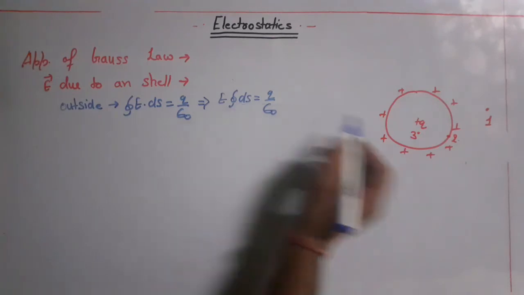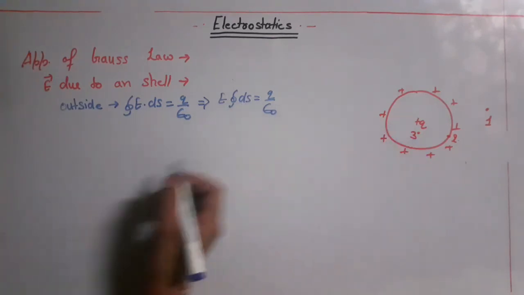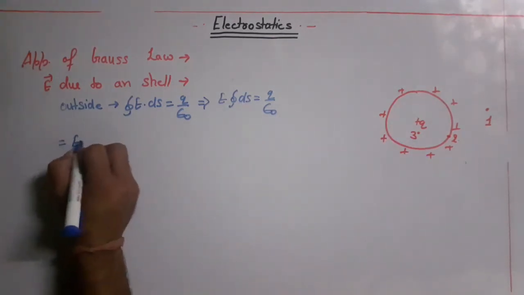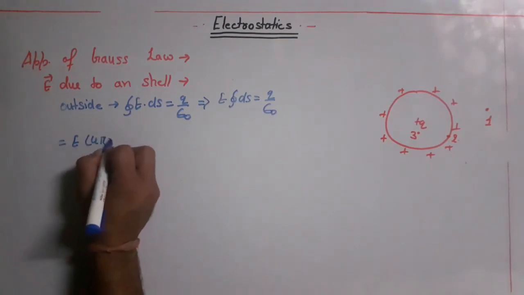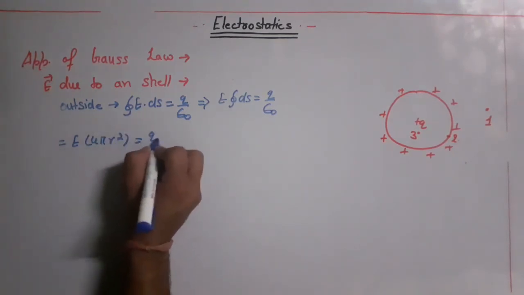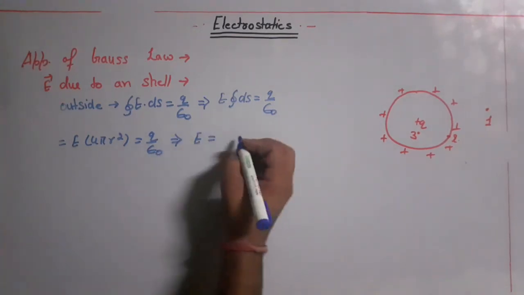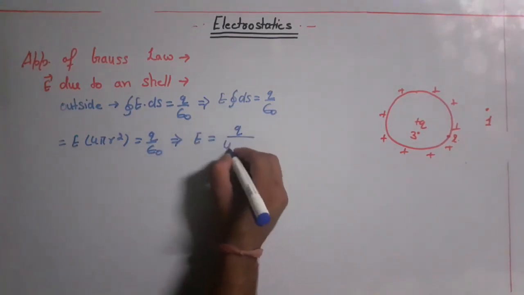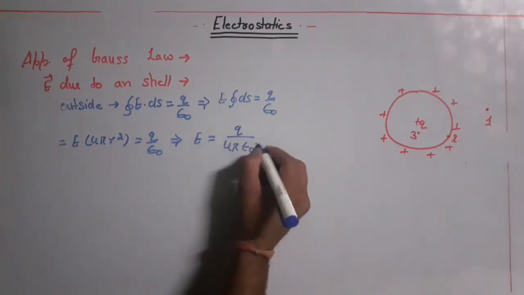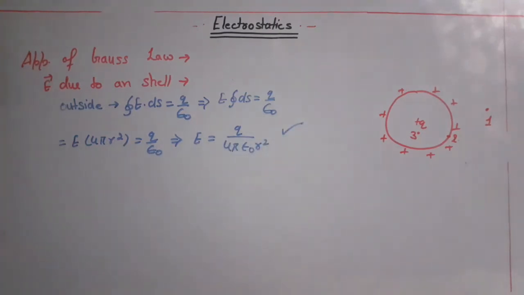What is the value of ds for this sphere? The value is 4 pi r square, equal to q by epsilon naught, and the value of E from this equation is q divided by 4 pi epsilon naught r square. So this is our electric field due to a shell outside of the shell.